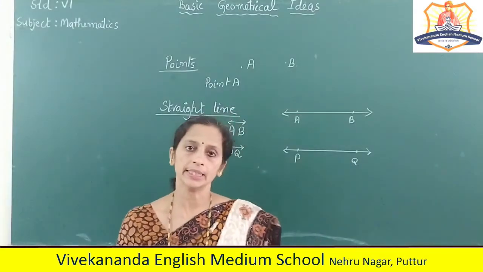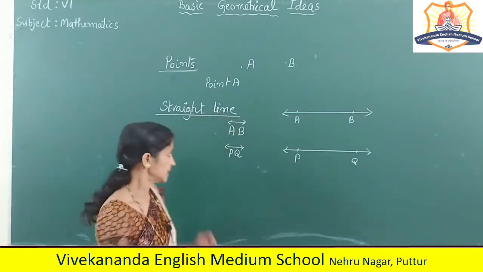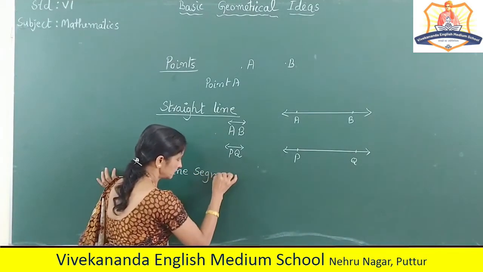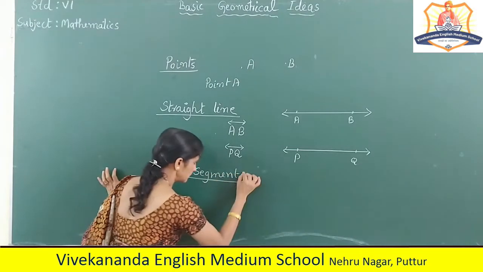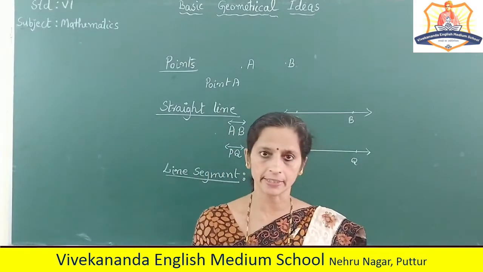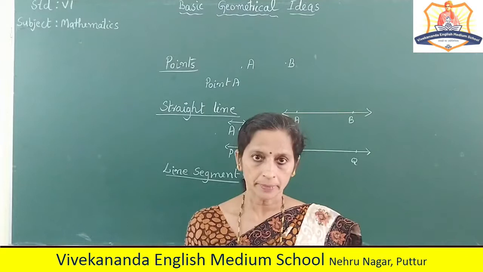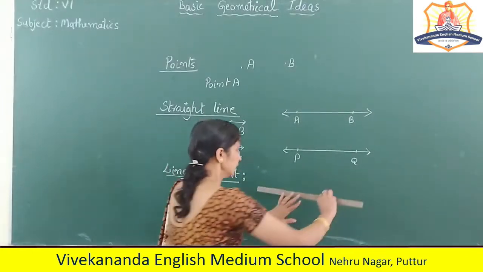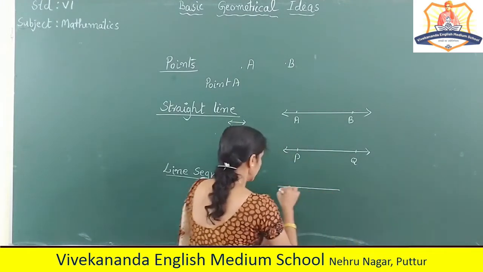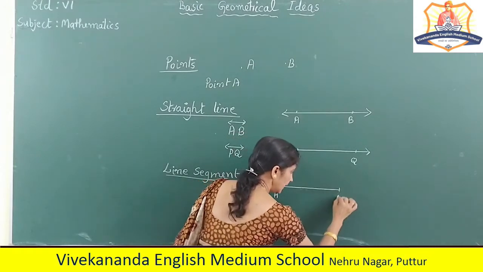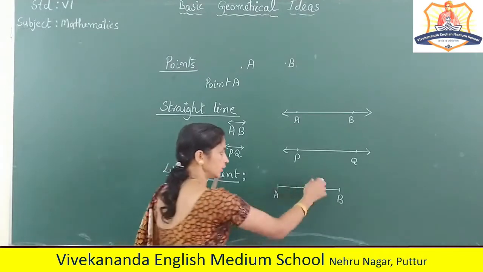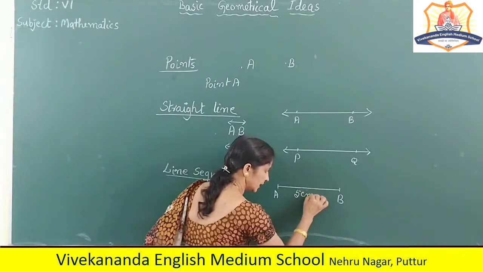Now the next one is the line segment. So we will see what a line segment is. A portion of a line is known as a line segment, or part of a line. If you draw a line which is 5 centimeters in length, AB, the two end points of the line are fixed and the length is 5 centimeters.